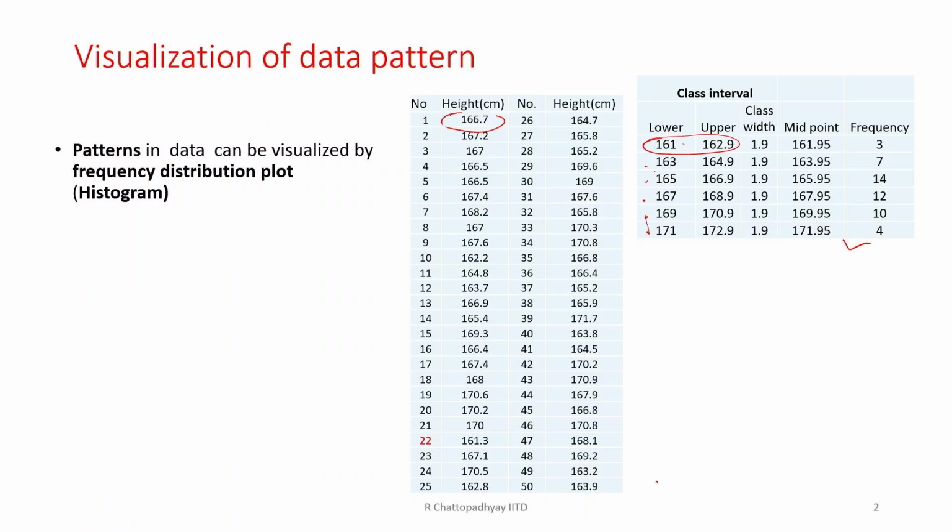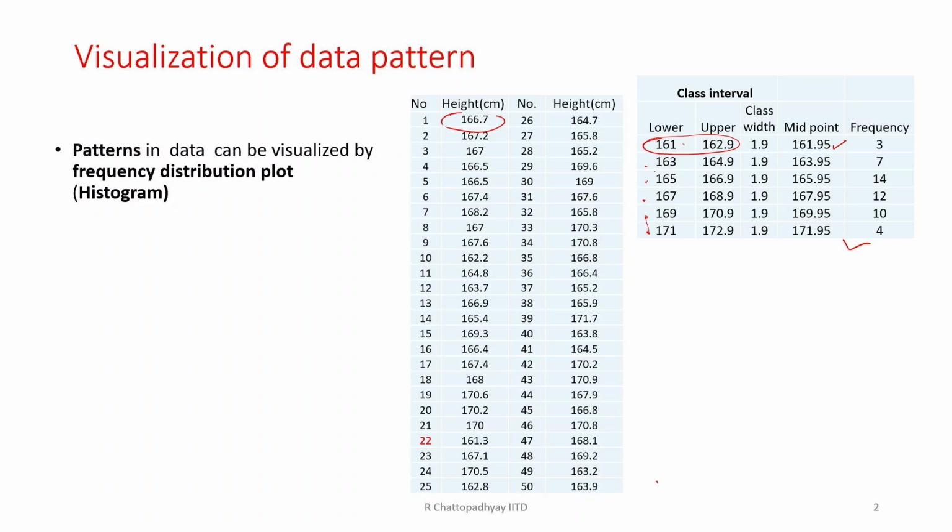We have fixed the class width, and this particular column gives you the midpoints of the class. So 161, 162.9, the mid value will be 161.95. So this way we have found out what are the midpoints for each class interval, and they are here in the 4th column.